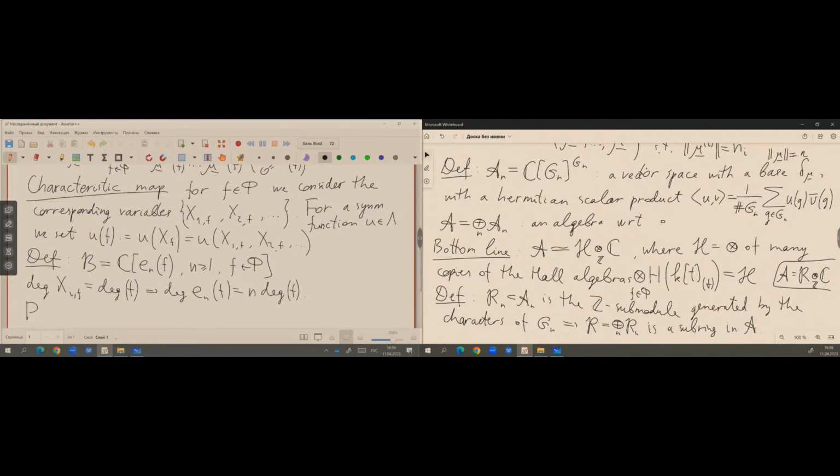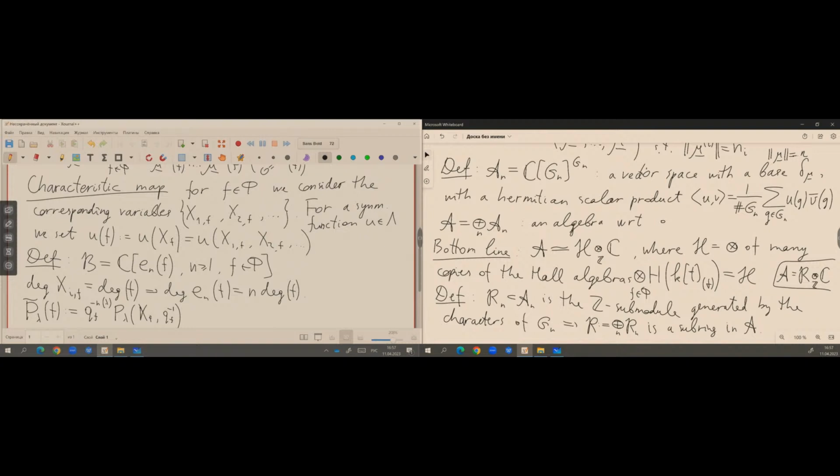Okay, what else do we consider? We consider the Hall-Littlewood polynomials, P_lambda of f, a little bit renormalized: q_f to the power negative n of lambda, P_lambda of the f group of variables, q_f inverse.